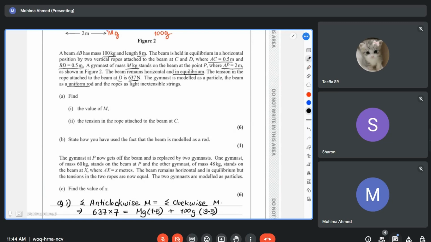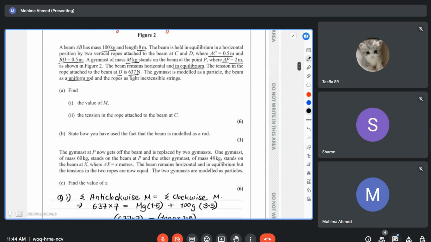So by modeled as a rod, it means that the beam remains straight. So I'll just write the answer over here: assuming that the beam remains straight.